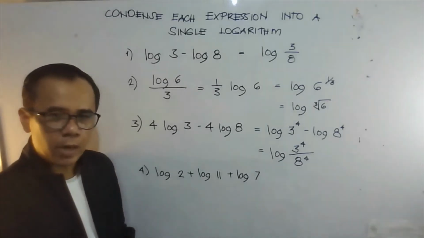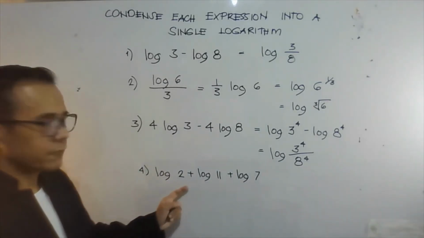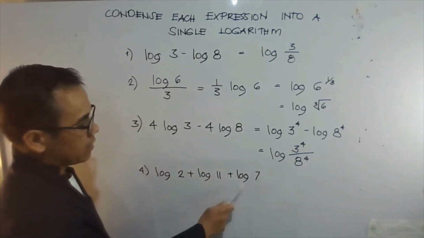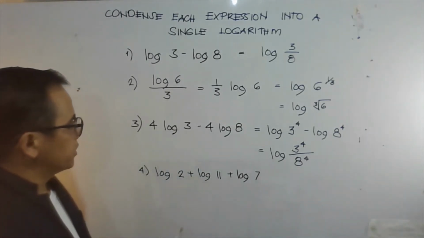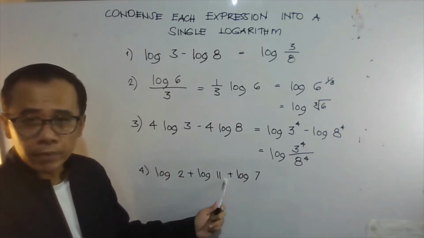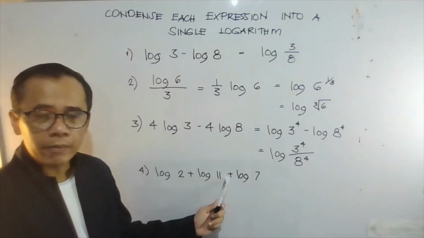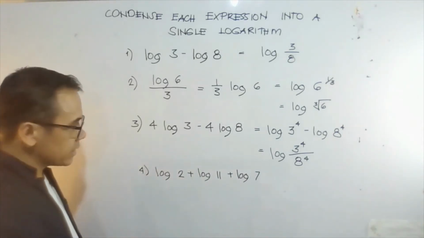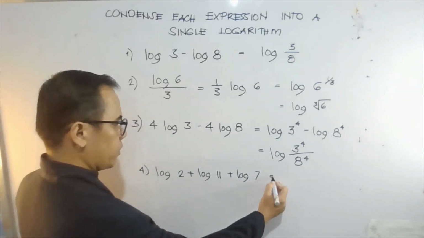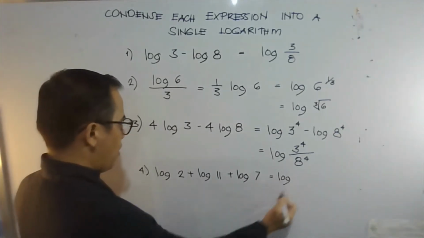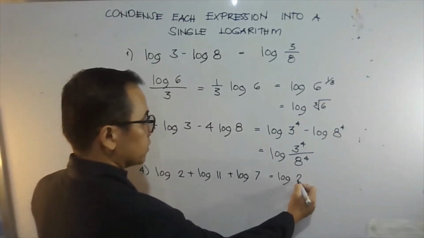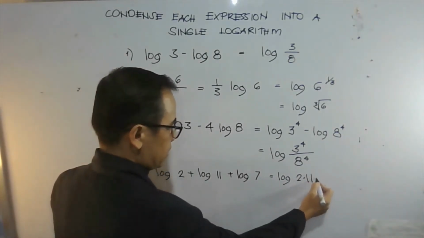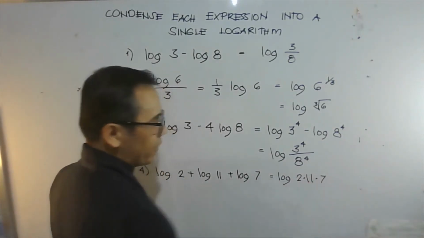In our fourth expression, we have this: the log of 2 plus the log of 11 plus the log of 7. Since this is all in addition, we're going to apply the product rule. So this is now equal to the log of 2 times 11 times 7.